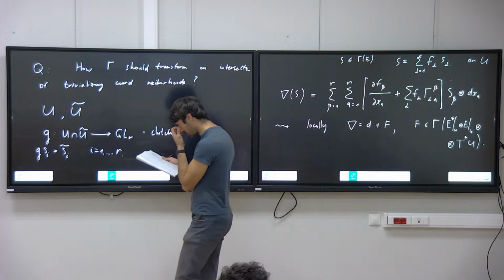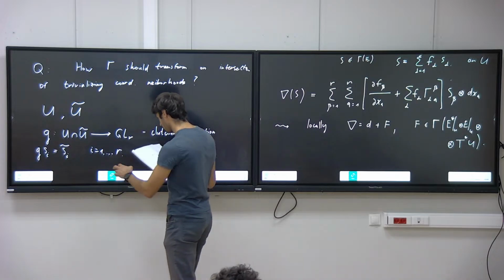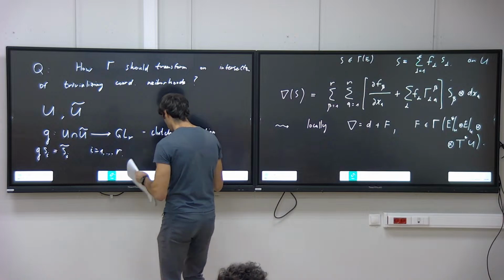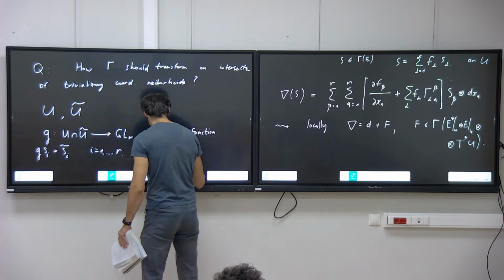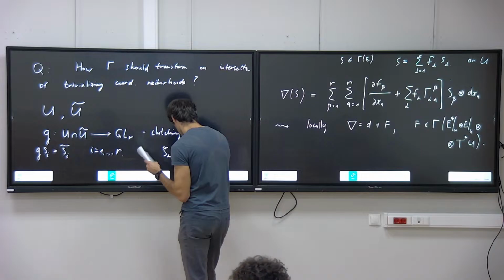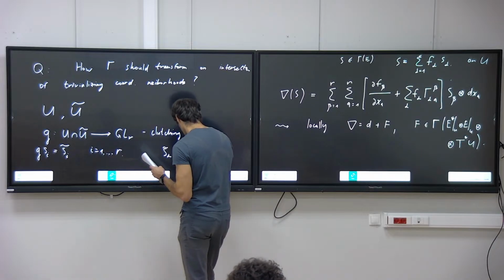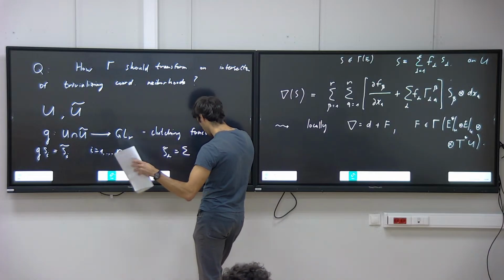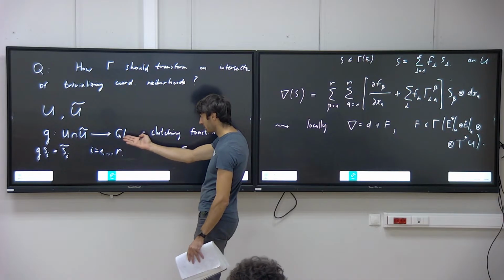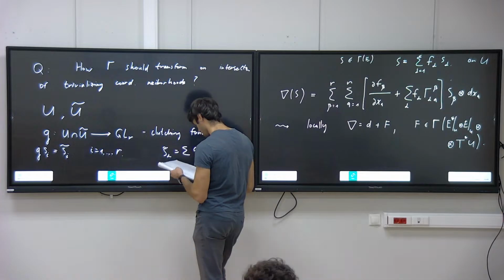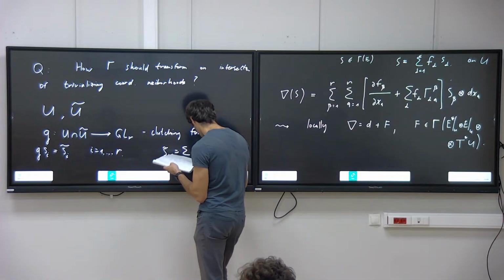Okay, now, I can expand this a little bit more. So I have that S alpha tilde is actually some... since I have bases, I can consider the matrix corresponding to G, and so this will be G beta alpha S beta.